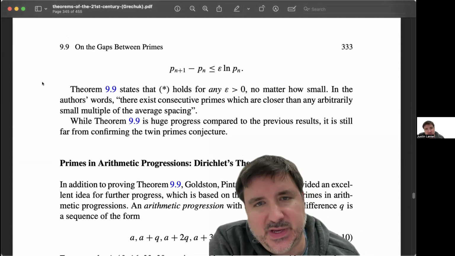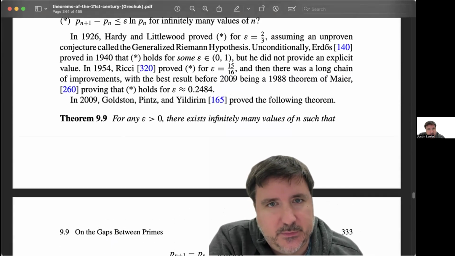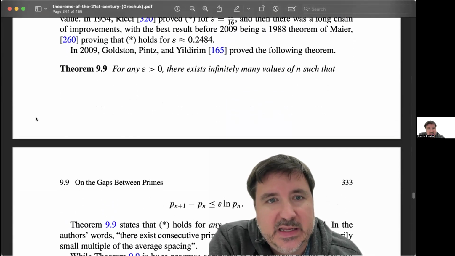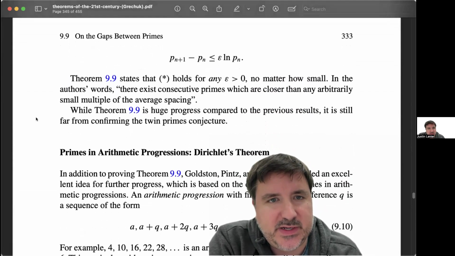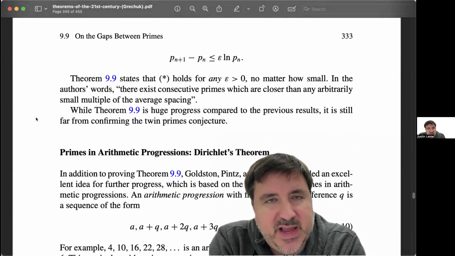Okay, I can see how this is better than these previous things that had particular fractions, but they were not real tiny fractions. For any epsilon, you can make the number as small as you want. In the author's words, there exist consecutive primes which are closer than any arbitrarily small multiple of the average spacing.